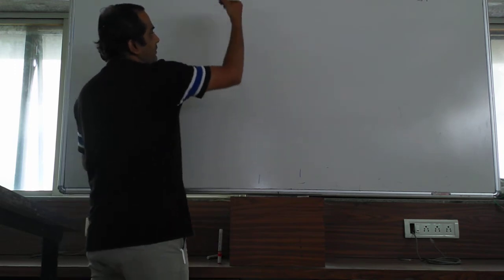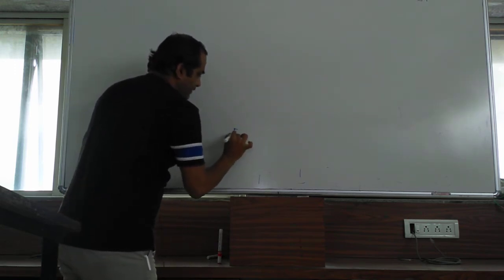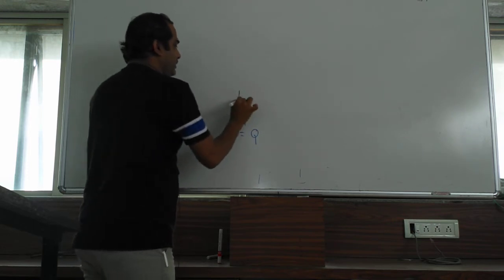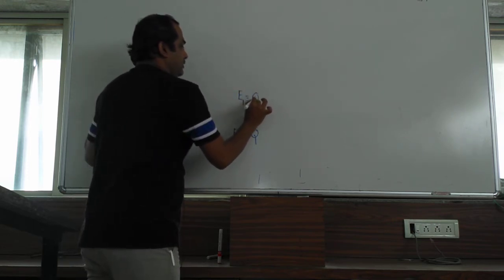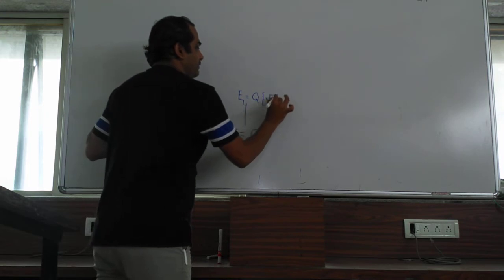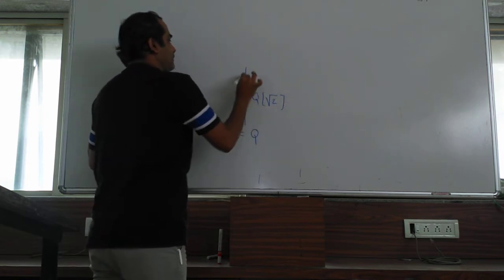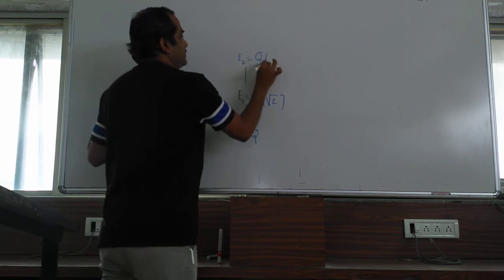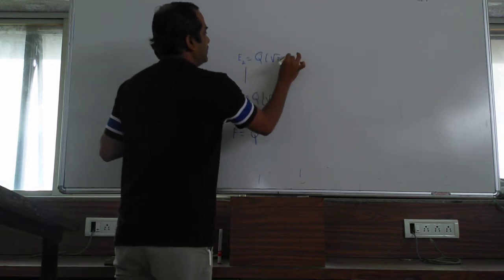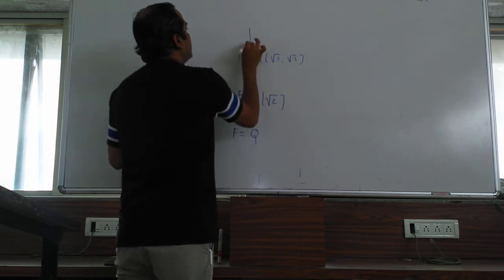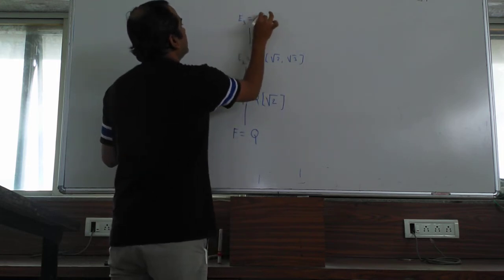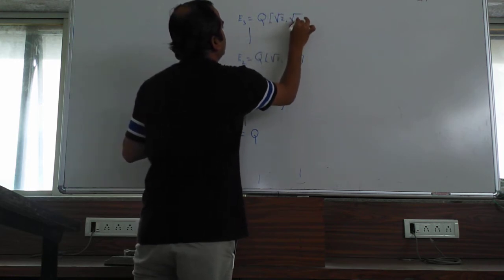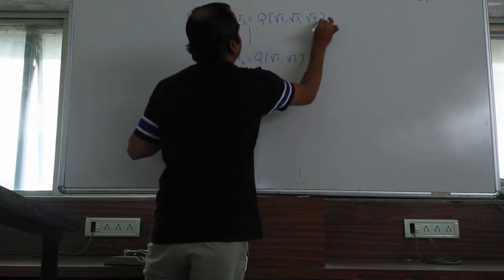Now if you attach one by one, the base field F is Q, then your E1 is Q(√2), E2 is Q(√2, √3), E3 is Q(√2, √3, √5) and so on.